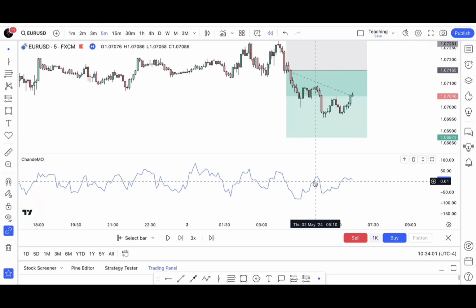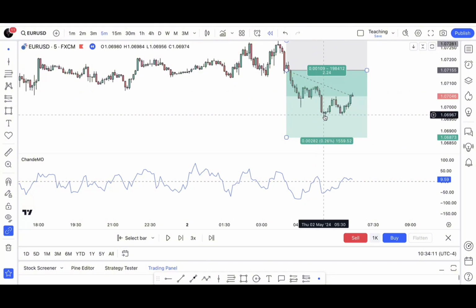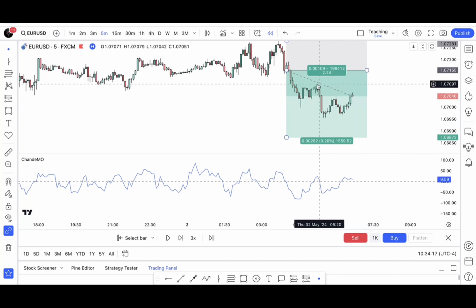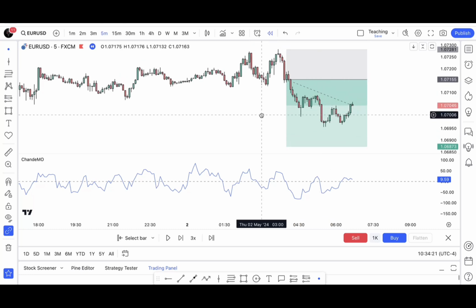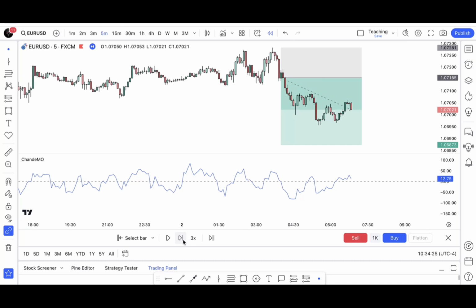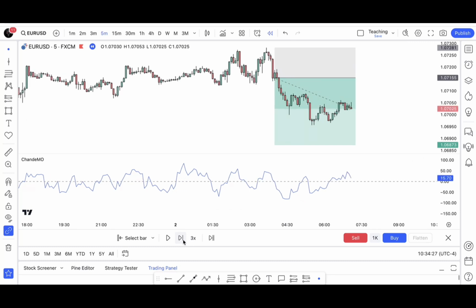For example, if you wanted to use this indicator alone, right here it showed an exit signal, but then the price dropped further. All right, and now it's showing it again. But if the market breaks above these highs, it might be really a bullish shift. So let's wait. I prefer to wait and see.